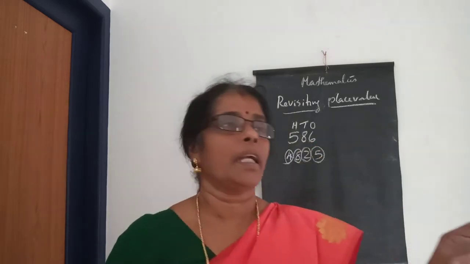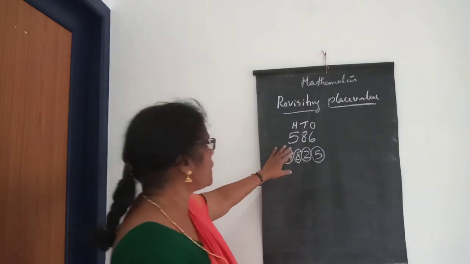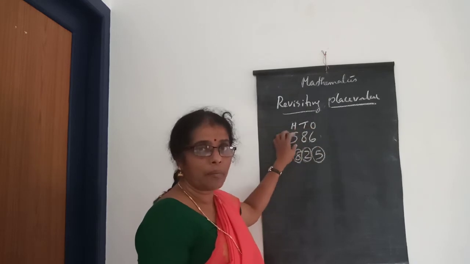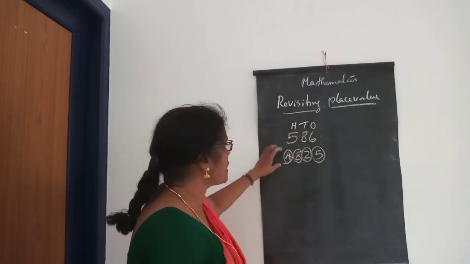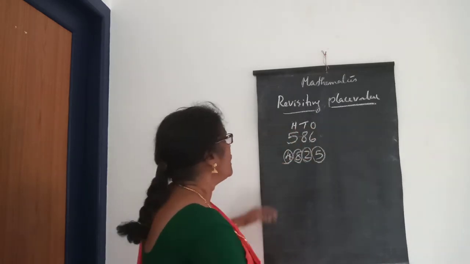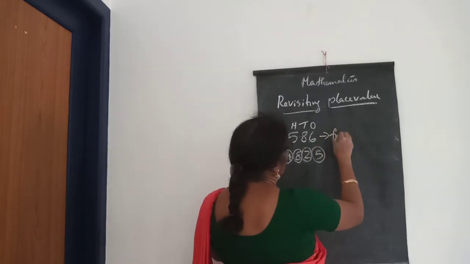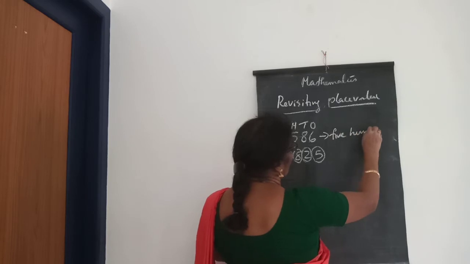So how do we write this number? This number 586, the number name is 586, and expanding, what is the place value?